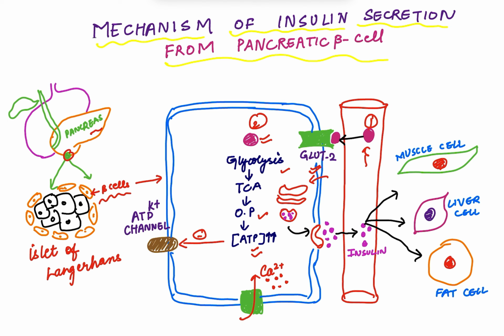As the blood glucose increases, ATP inside the beta cells also increases.